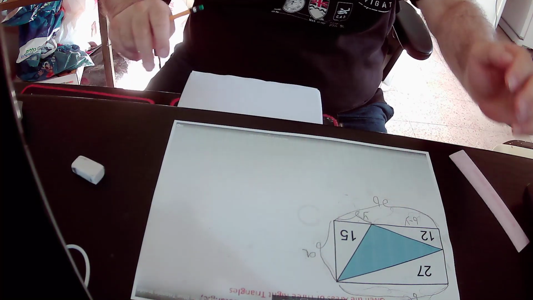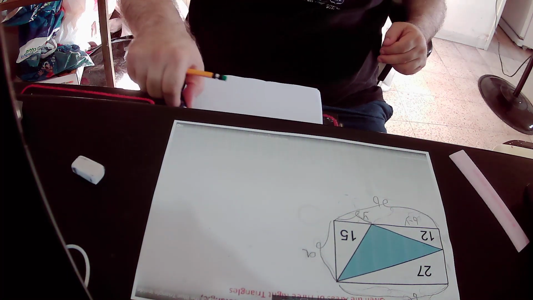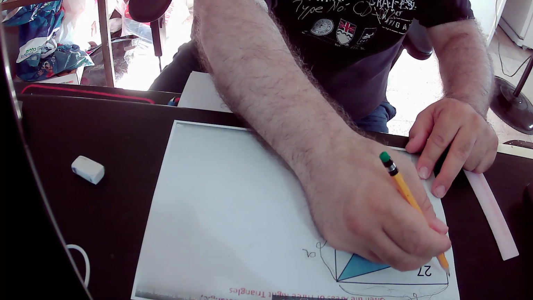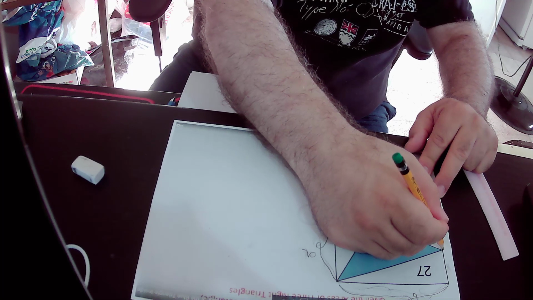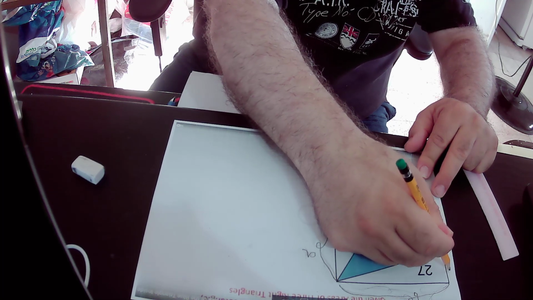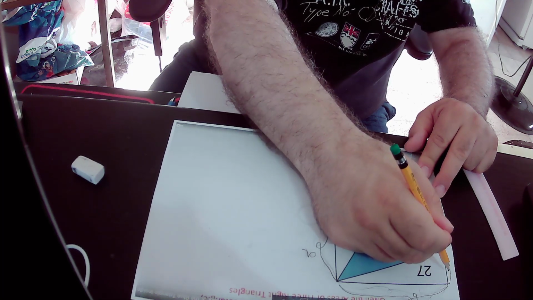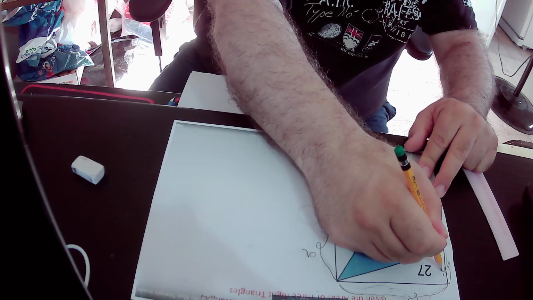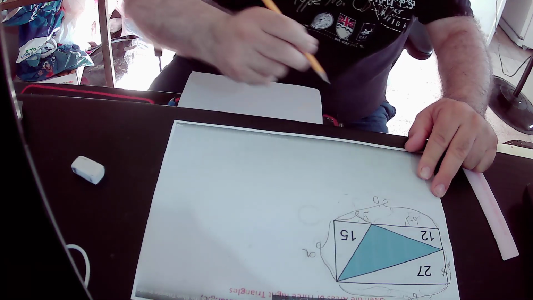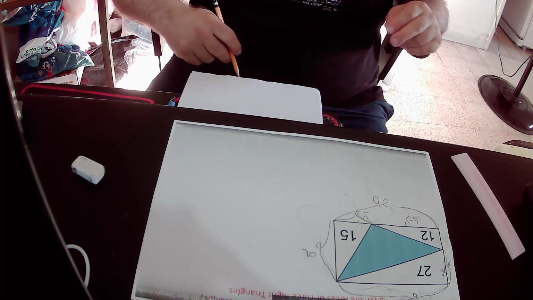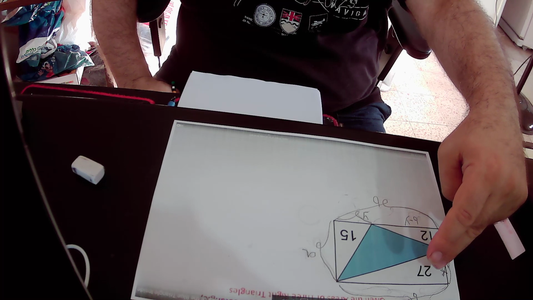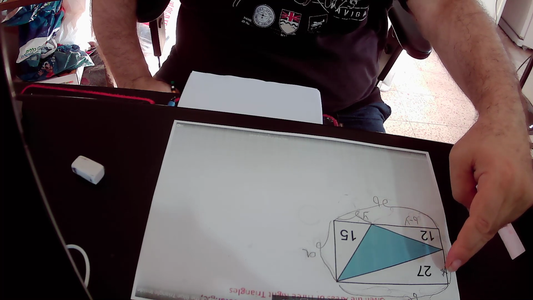In the same way, we can define the height of this triangle as x. The height of this triangle, whose area is 27 units, will be defined as x.